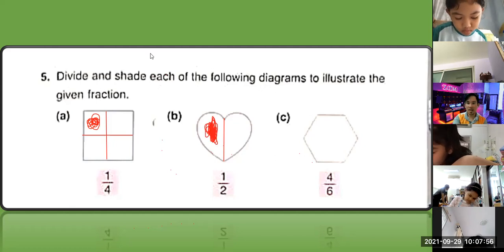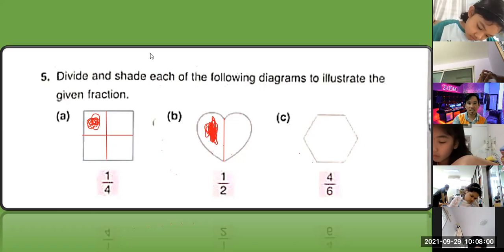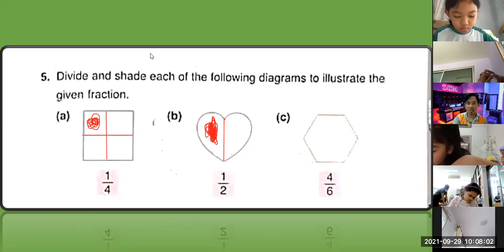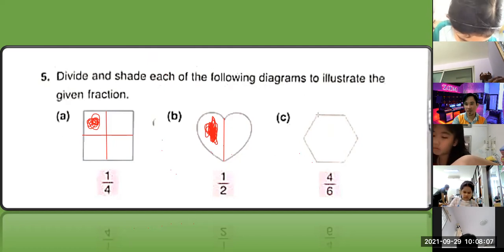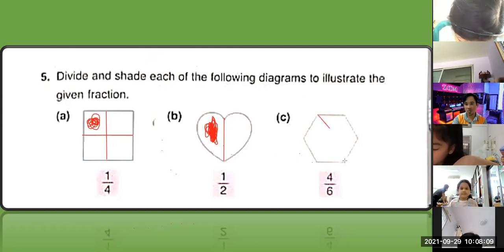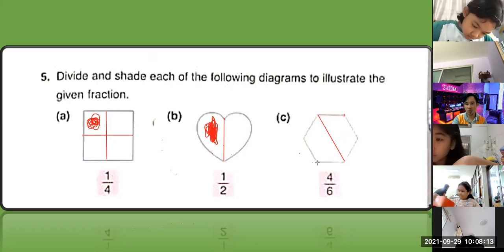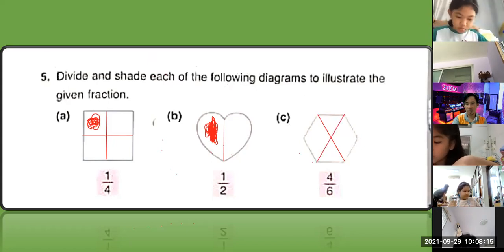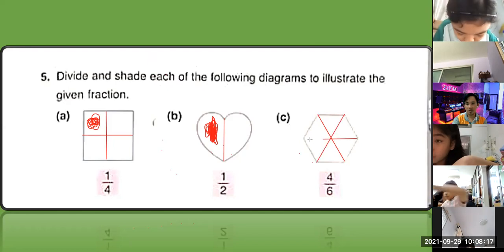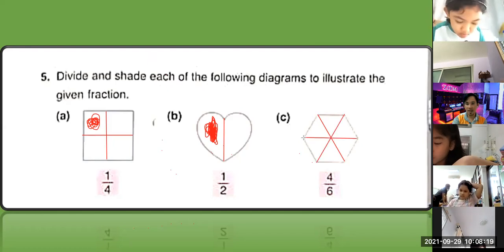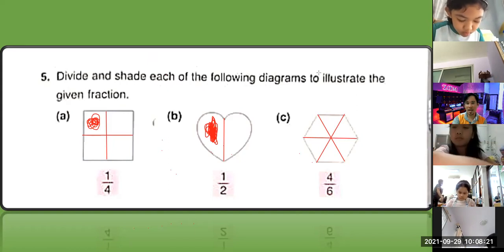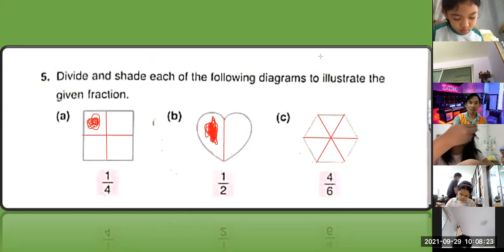That's letter B. Letter C, you have to divide this into 6 equal parts. So if you have a ruler, much better. So 1, 2, 3. Okay, so we have here now 6 equal parts.